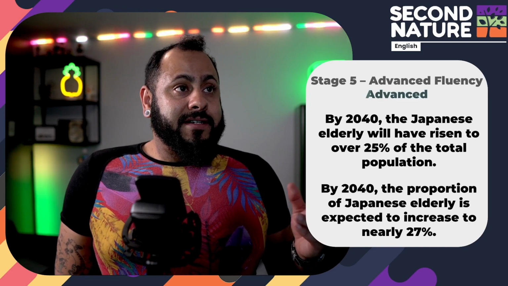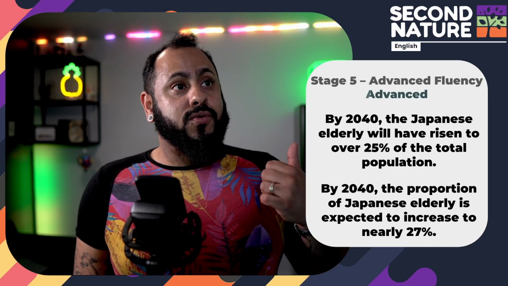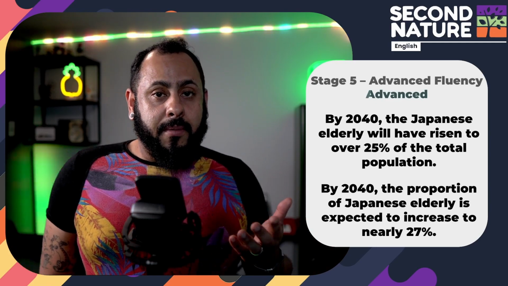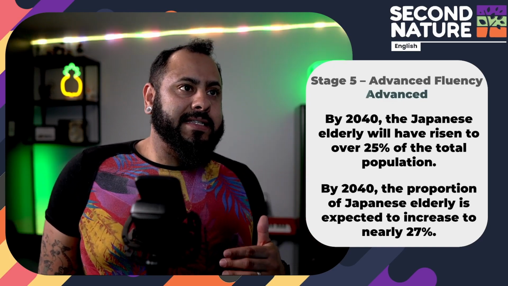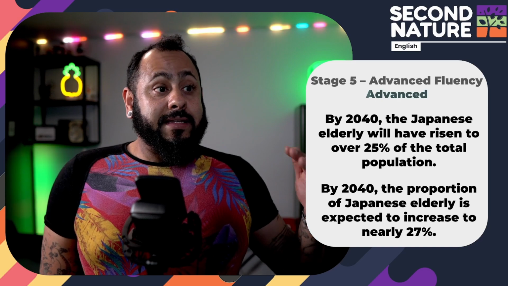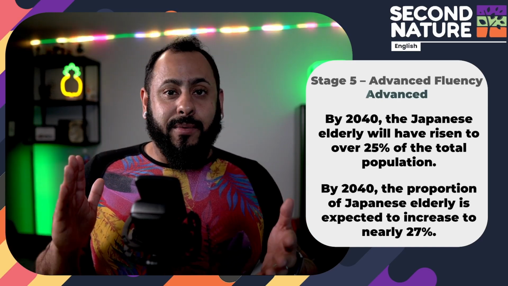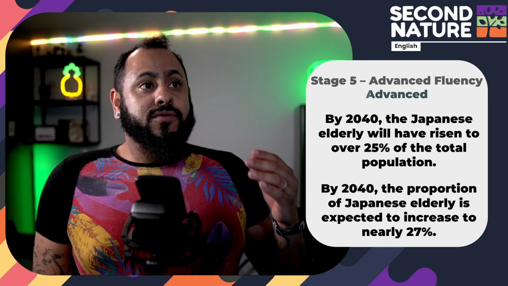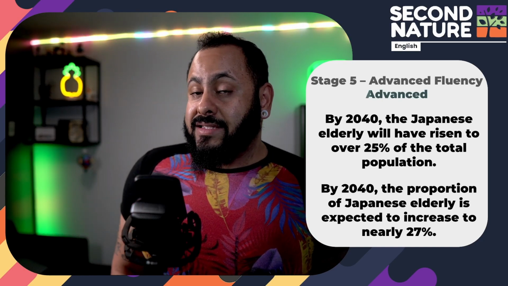And then after that, we have different phrases that were built, for example, to over 25% of the total population. Total population is also another example of a phrase. In the second sentence, we have expected to increase, which is the correct pattern for gerund and infinitive. And we also have the phrase to nearly 27%, with the adverb being used accurately as well.